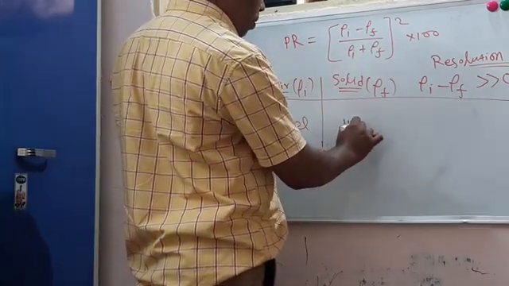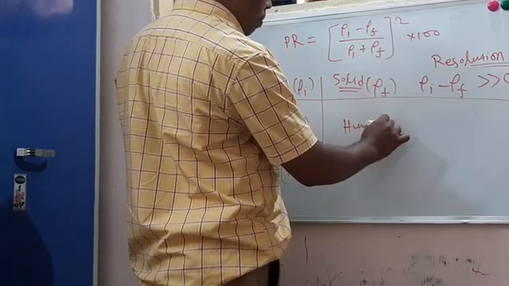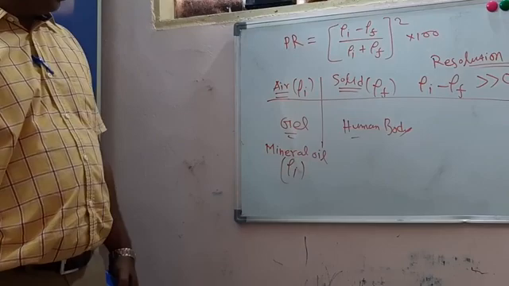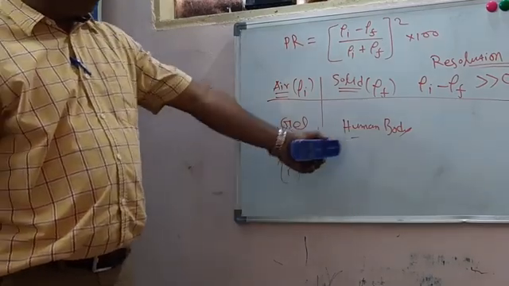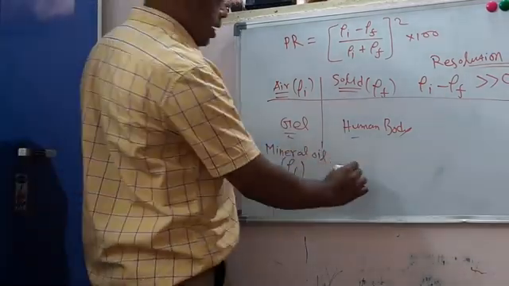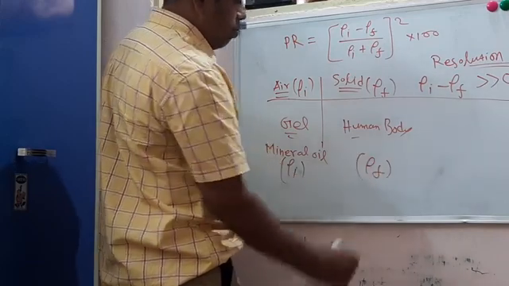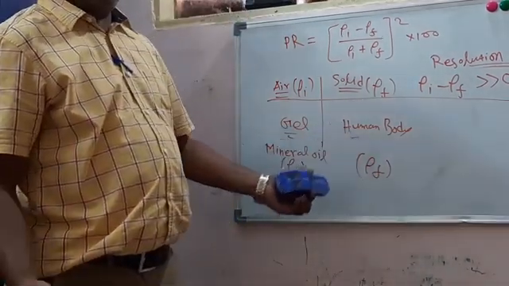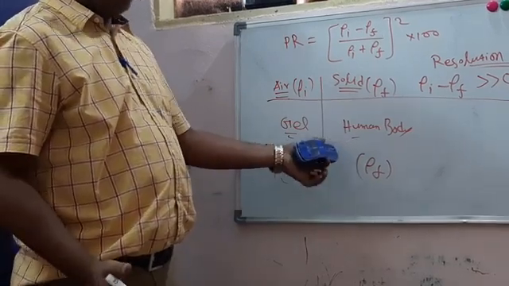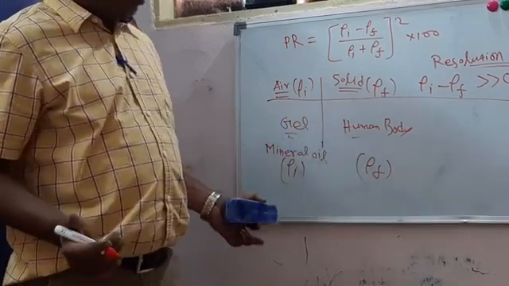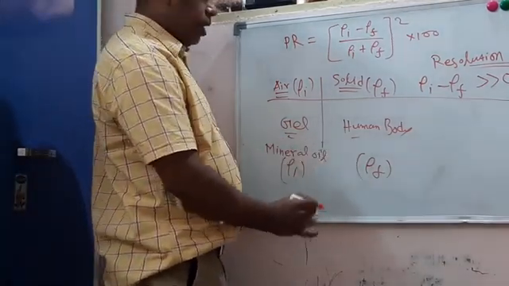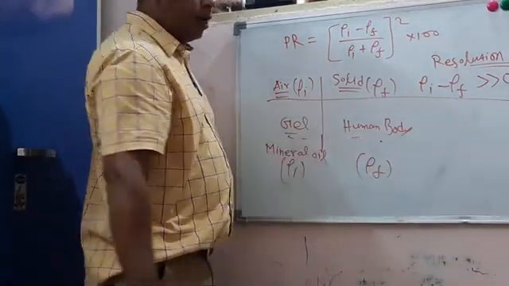If you compare the densities of these two mediums, one is mineral oil, another one is the human body. The human body is like a very flexible semi-solid, and the gel is a semi-liquid. So the densities are more or less equal.